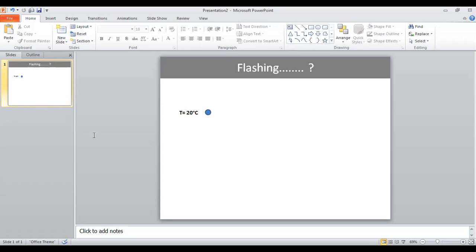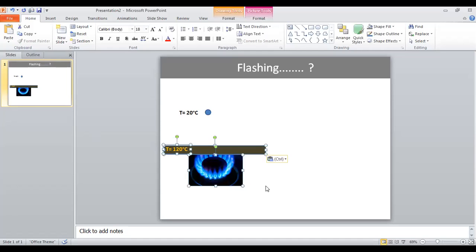And let's say here, a hot plate. A hot plate, of course, I put at a bit high temperature, 120. So this is normal ambient.